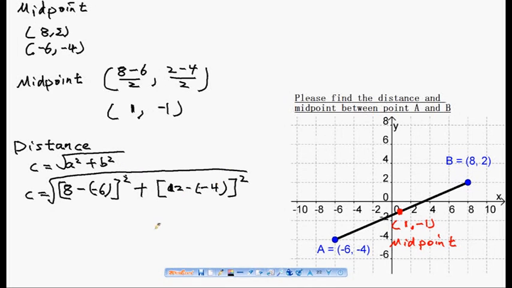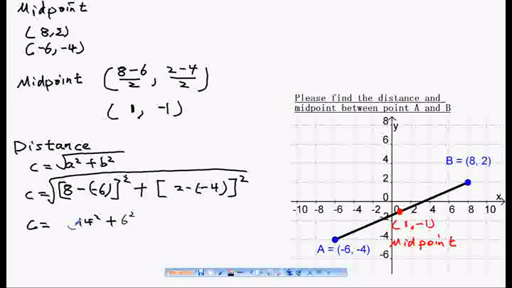Now you will have 14 squared plus 6 squared, under the square root.